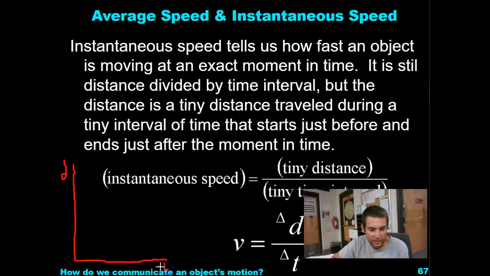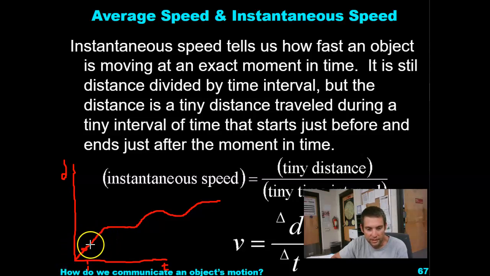If I have my distance over here and my time over here, then I can say, all right, we'll call this 1 second. At 1 second, I am going this same average speed the entire time.